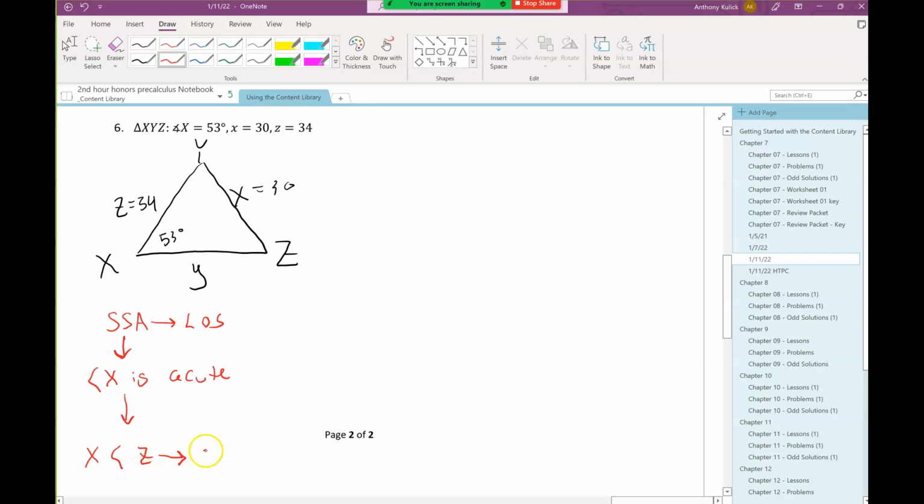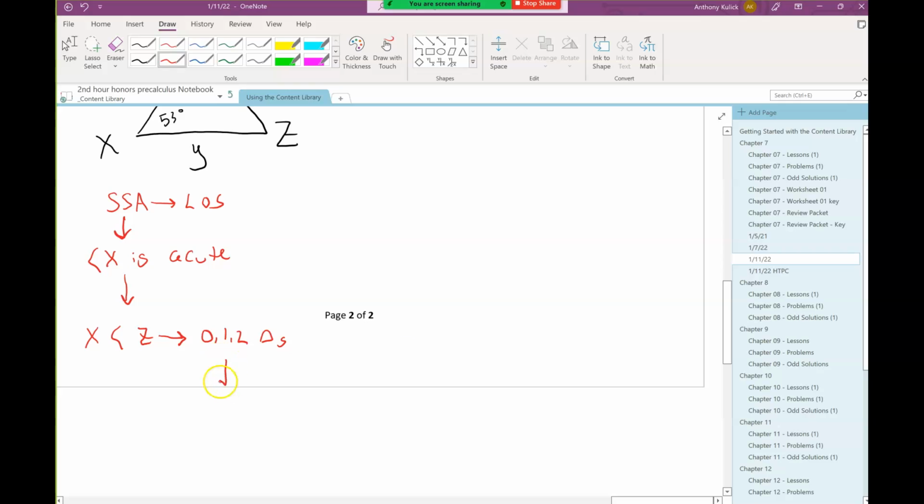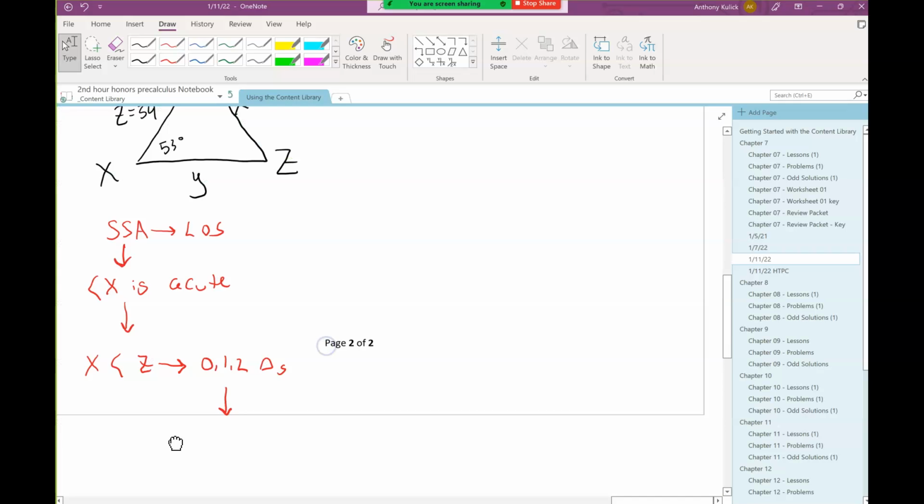Very good. So that is the worst case scenario where we have 0, 1, or 2 triangles, and we need to do that additional step to confirm which one of those it is. The way we check that is we do the longer side times the sine of the given angle, divided by the shorter side.